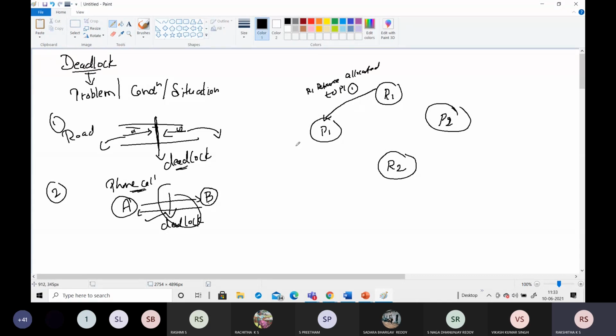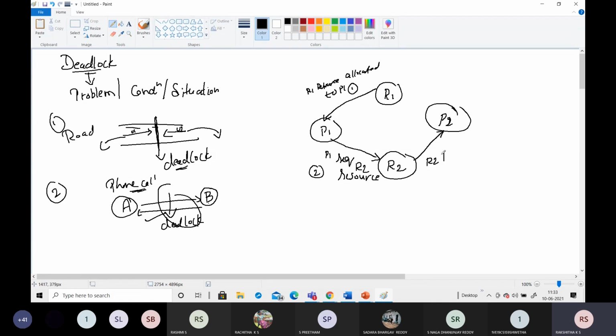And again, what does this particular P1 process do? This P1 is requesting the R2 resource. That is the second point. And again, R2 is the resource allocated to P2.